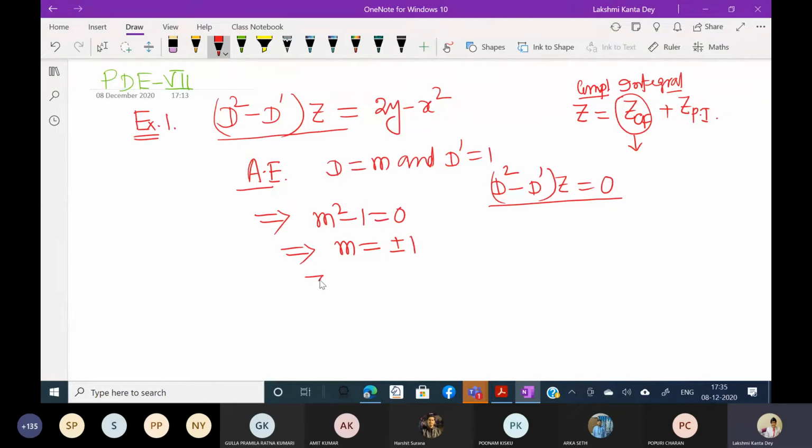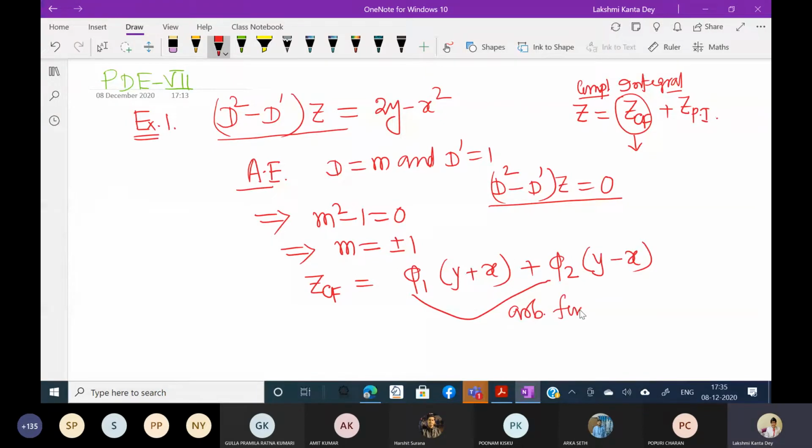So the complementary function ZCF will be phi1 of y plus x plus phi2 of y minus x, where phi1 and phi2 are arbitrary functions. So the complementary function part is over.